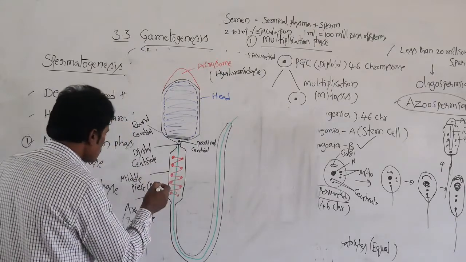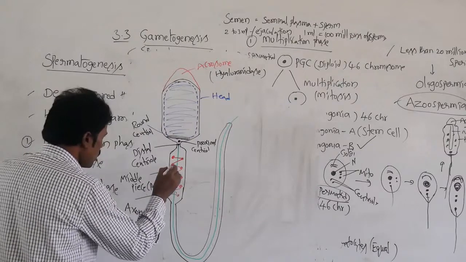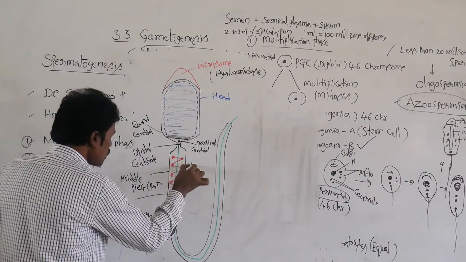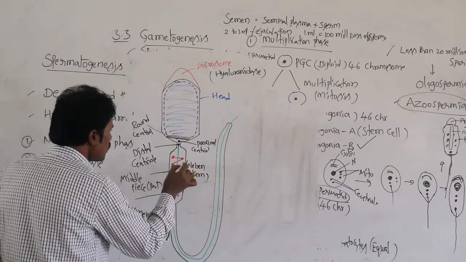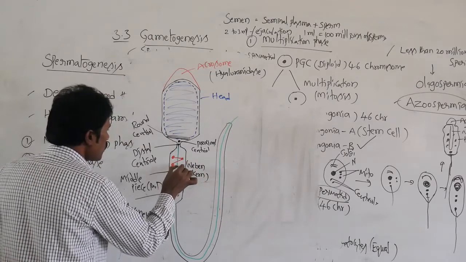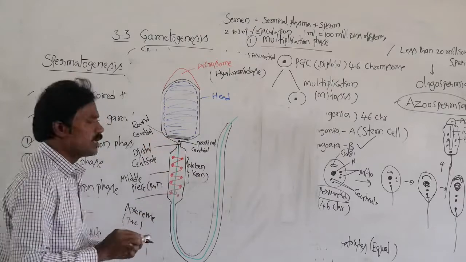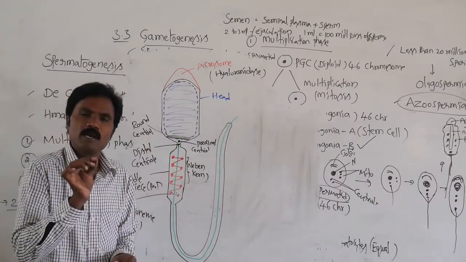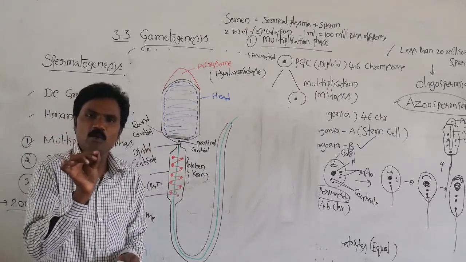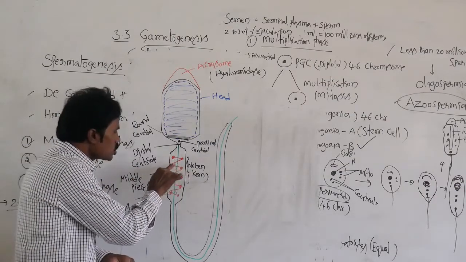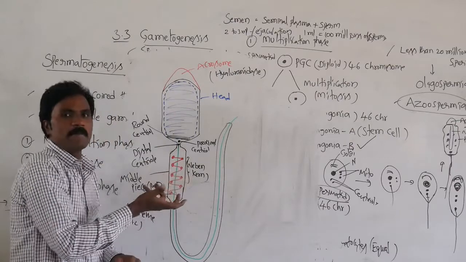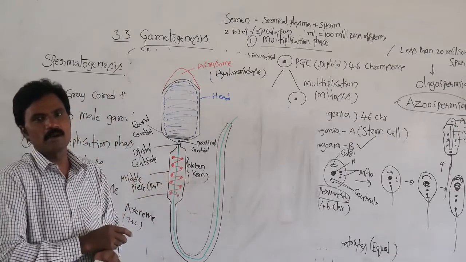This particular arrangement we call the Nebenkern. What is the Nebenkern? Nebenkern is nothing but spiral mitochondria which coil all along the axoneme.